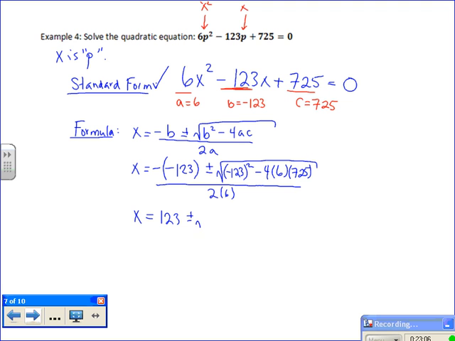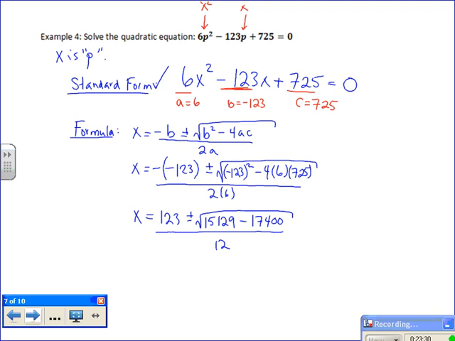Plus or minus. Inside I have 123, negative 123 squared, which is 15,129. Subtract 17,400. All divided by 12, because 2 times 6 is 12.